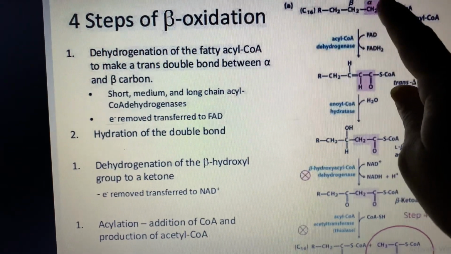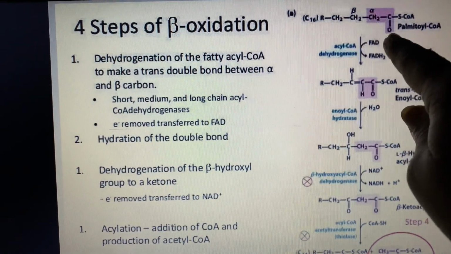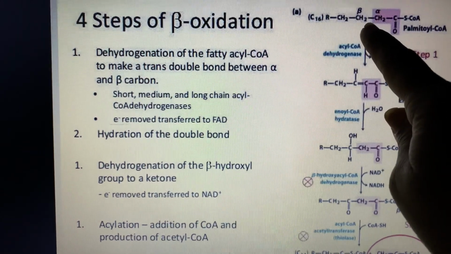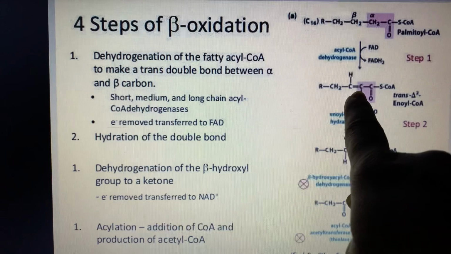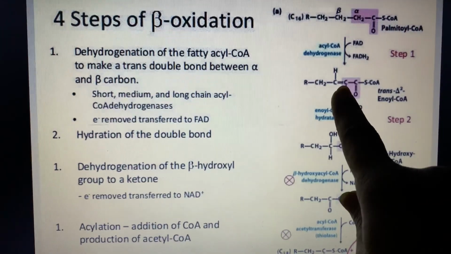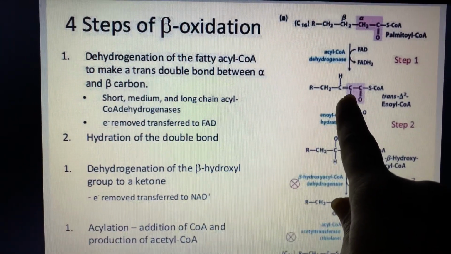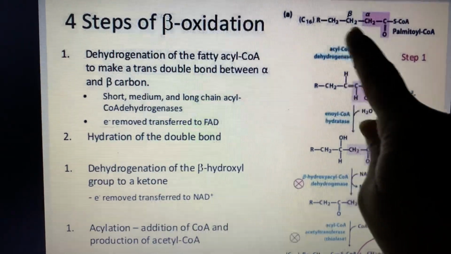This is the acyl group, shown in pink, and dehydrogenation occurs here, and there is double bond formation. It makes a double bond between the alpha and beta carbon.